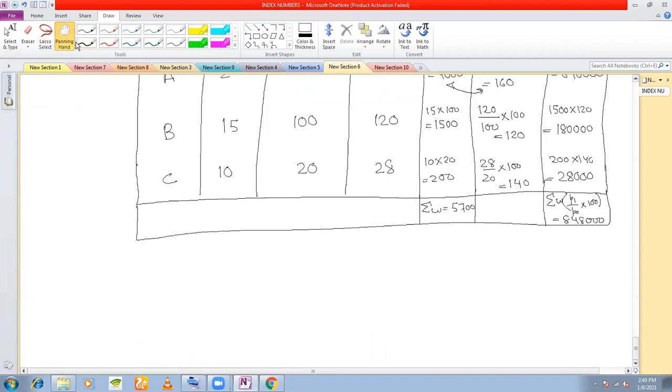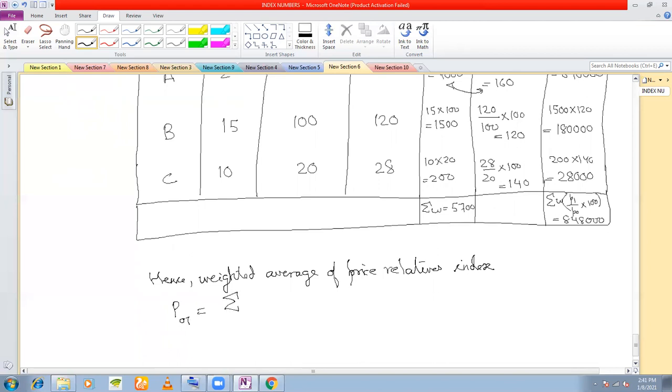Okay, so therefore, the weighted average of price relatives index P01 is equal to summation W P1 by P0 into 100 divided by summation W. Put the values now, you'll get the answer. 8,48,000 divided by 5,700.